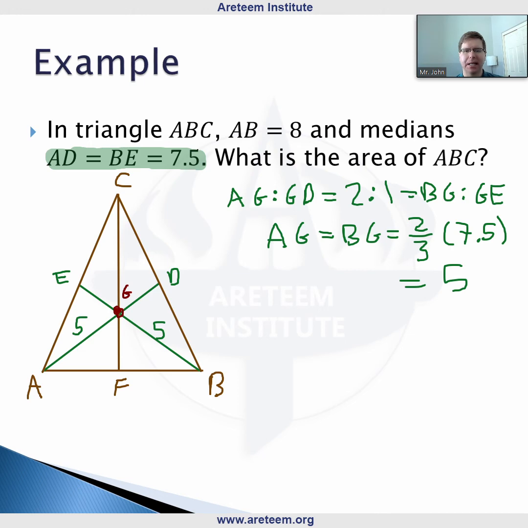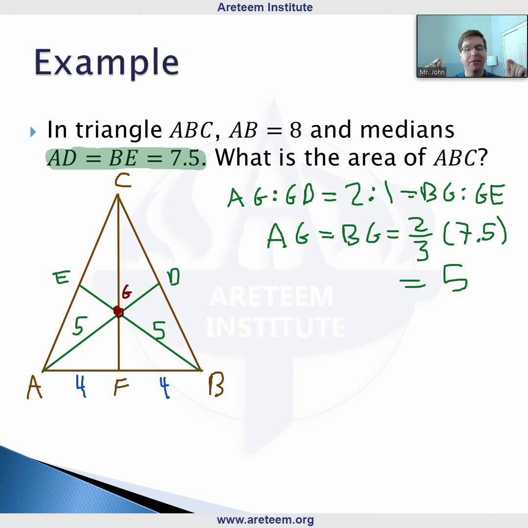Now, wait a second. CF is a median as well. So that gives us that we have AF is 4, right? 8 divided into 2 pieces is 4, and 4 in this case. Now I'm going to say this verbally, but in fact, AFG and BFG, from this point, it's not too hard to see they have 3 equal sides.